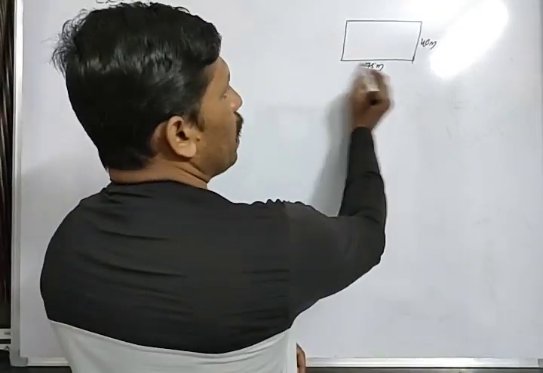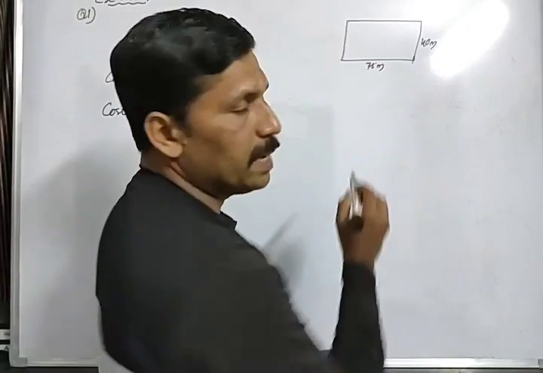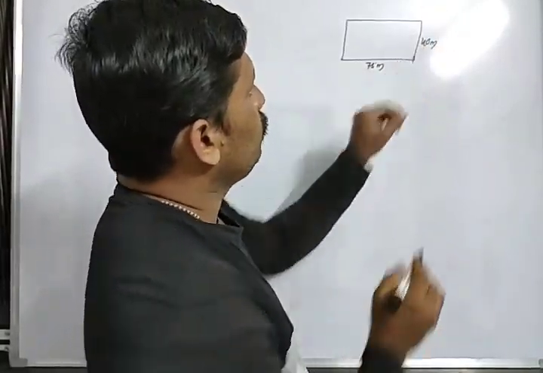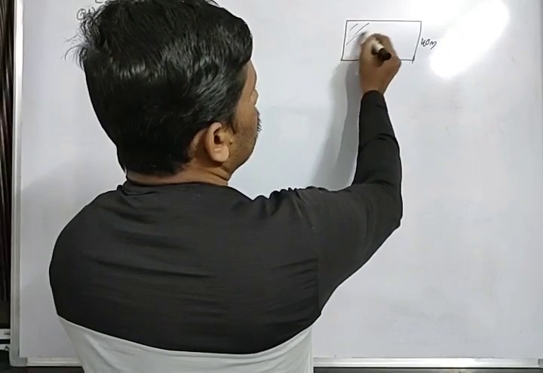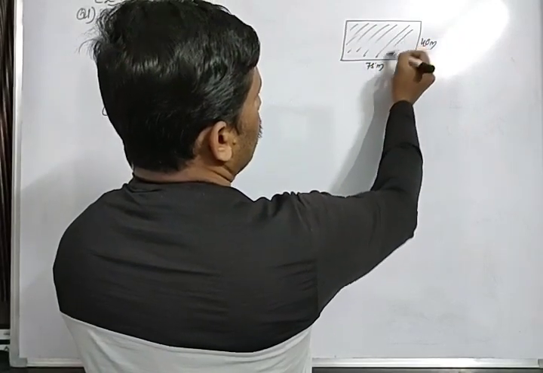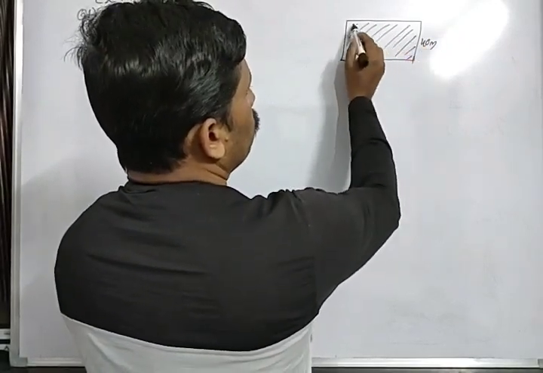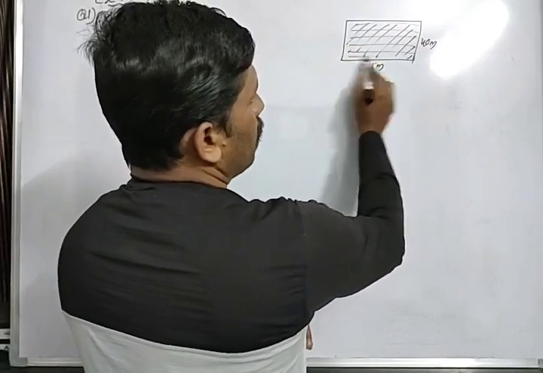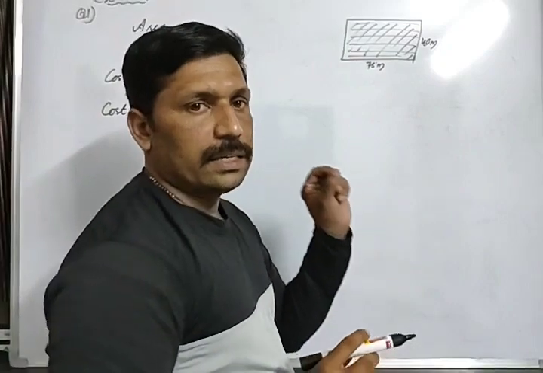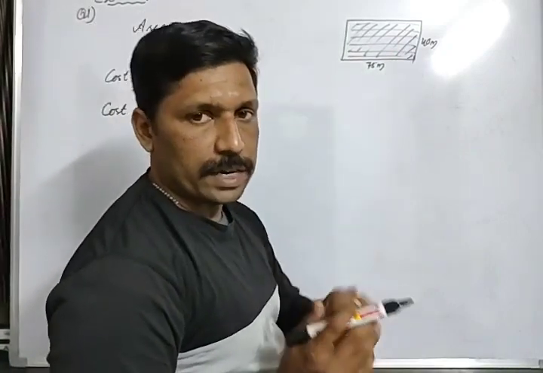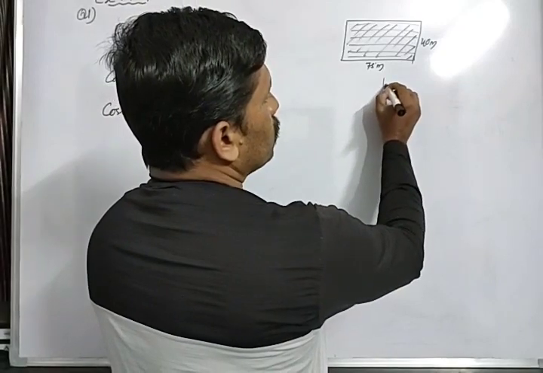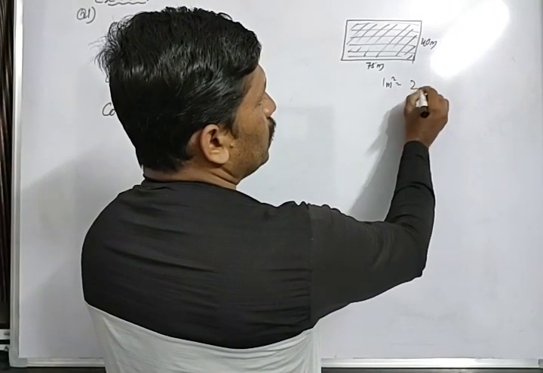So this is the park, and length is 75 meter and breadth is 40 meter. We are planting grass inside this region, that means area. So first we calculate the area of this park, how many meter square it is totally, and 1 meter square costs 20 rupees.